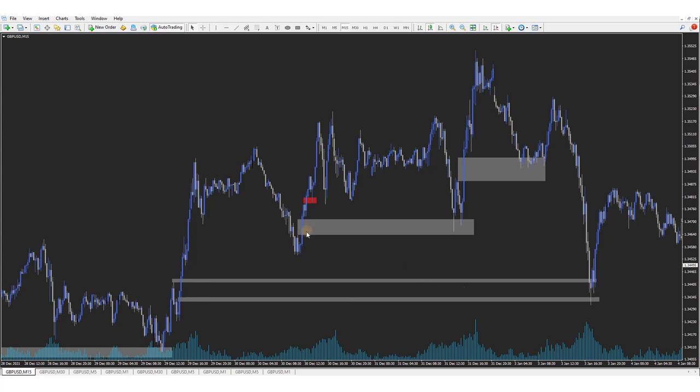Next example. Here we also have a created demand zone, and the candle was breaking the previous lower high with a very big move. Also the volume was increasing. This is also important while looking for imbalances.